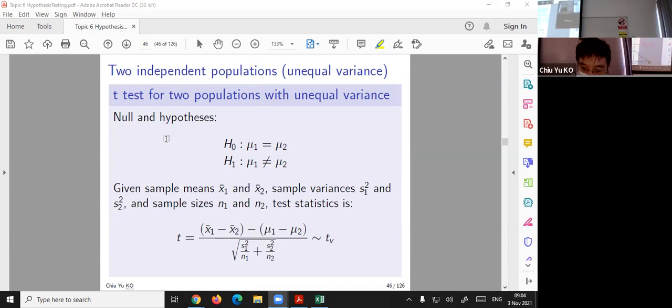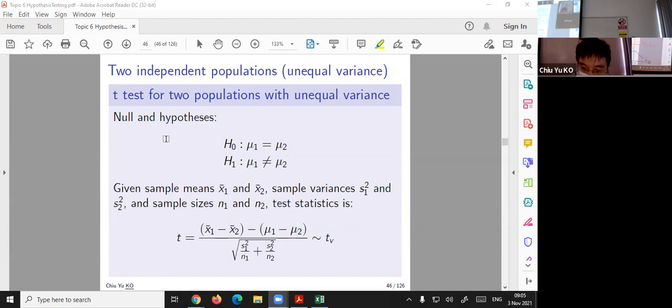So that's why you use S1 and S2. The only complication, compared to before, is this complicated guy, T of V. What is the degree of freedom here? Before it was N1 plus N2 minus 2. We have to be very careful which one to use.